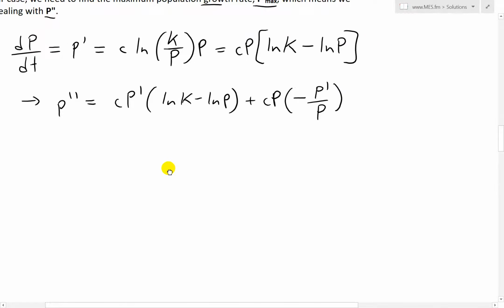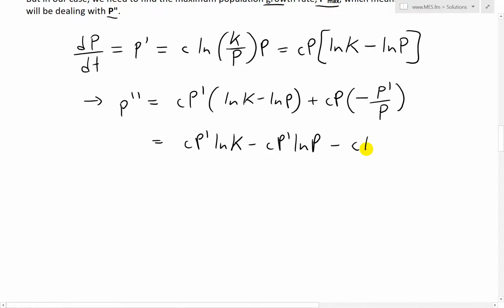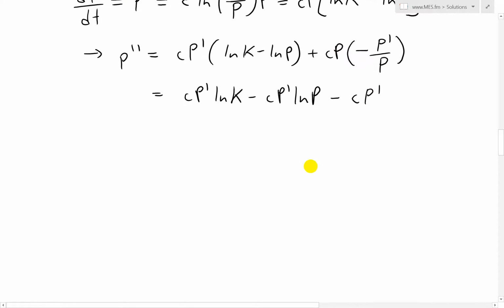So we have something that looks like this. So now we can expand this further. We have now cp prime ln k minus cp prime ln p, and then finally on this right side, let's expand this further, we have this c, and then these p's cancel, so this is going to be cp prime, canceled with that, and now we can just factor out the cp prime altogether.